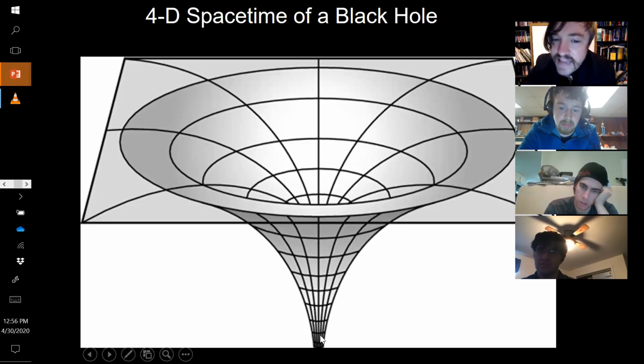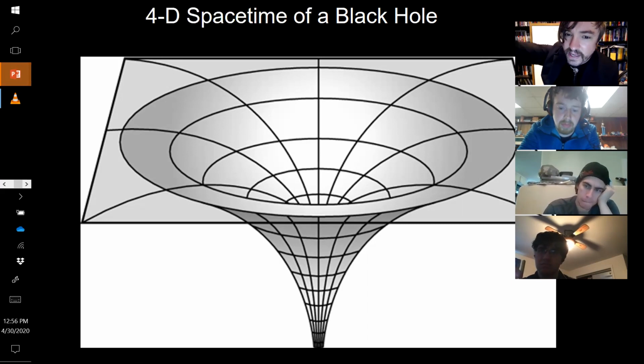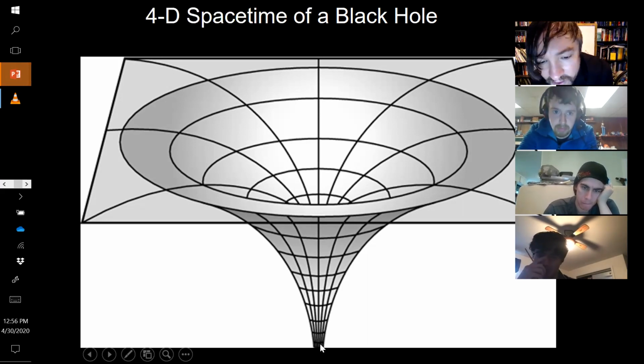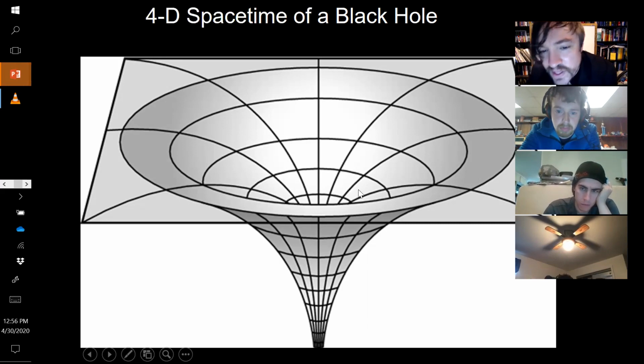And for a static, non-rotating black hole, it's kind of like a puncture in the coordinates of space-time where the radius of curvature is infinite and there's sort of an infinite well surrounding the singularity. In this case, you can see, Nathan, that the coordinates of space-time are spherical. Remember, this is an analog for four-dimensional space.